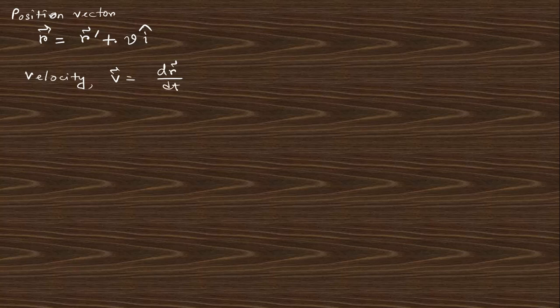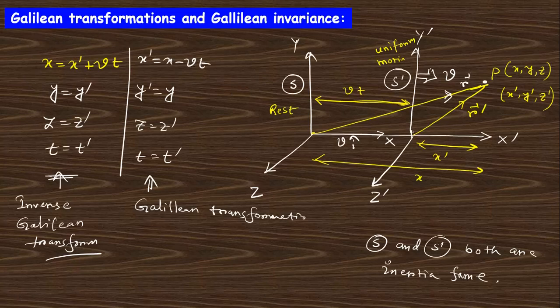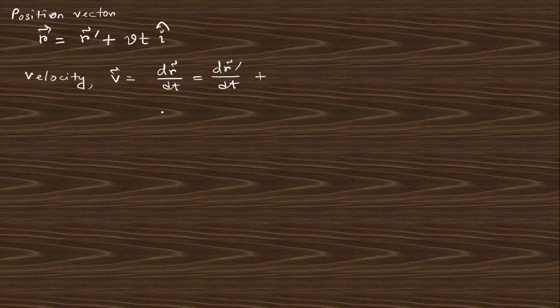Taking the derivative, you will get dr prime dt, and since the velocity is constant, the distance will be vt, so vt into i cap. V is the velocity, vt is the distance, so vt i cap is this vector. If you take the derivative, you will get v i cap.